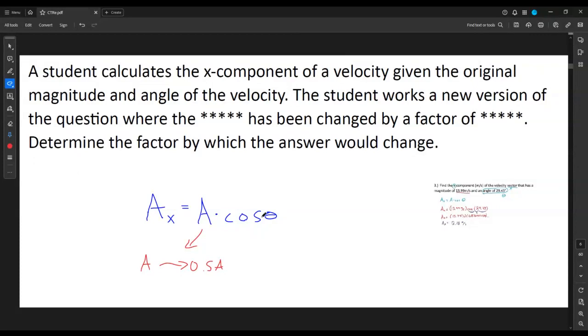Theta, we don't know what that is, but whatever cosine of theta is, if theta stays the same, it's the same cosine of theta for the decimal part there. And so those are in a ratio of 1, and so technically what we would have here is 0.5 times 1. So we get 0.5, which is the same as the factor that would have been given, or whatever the factor was for your question.